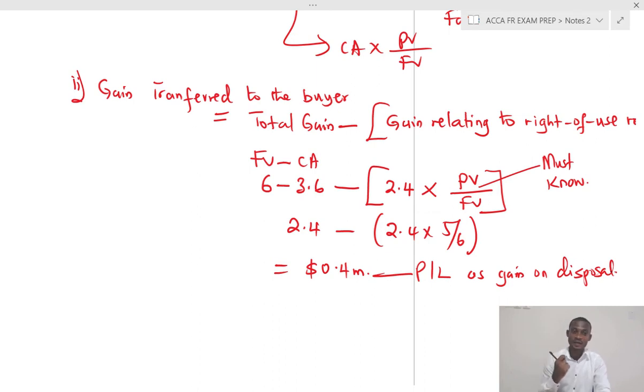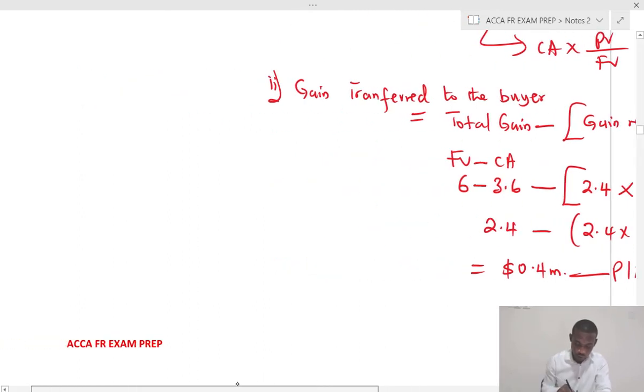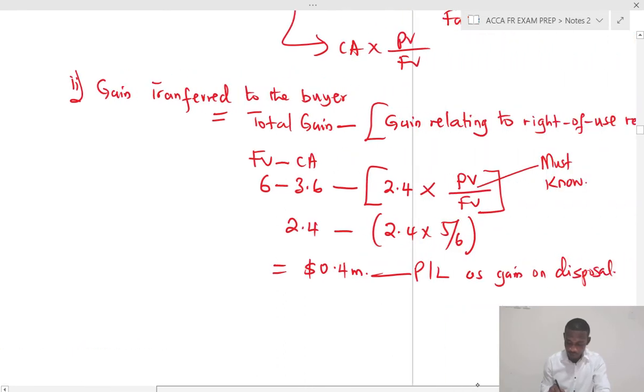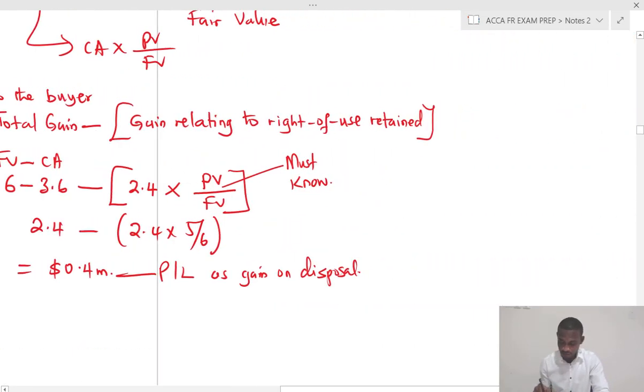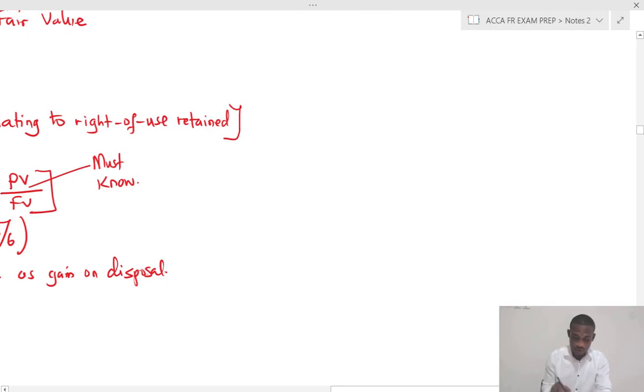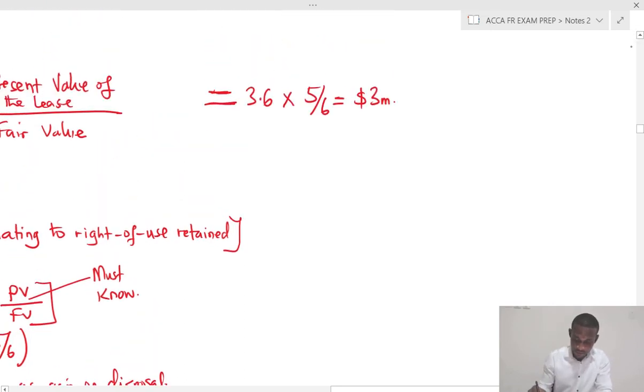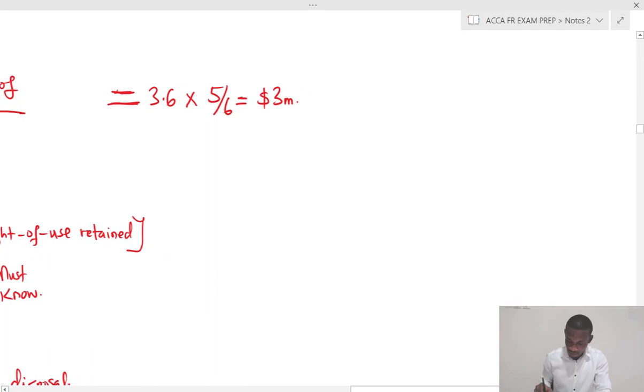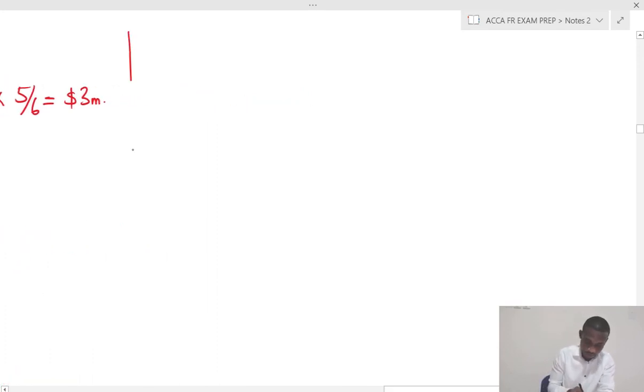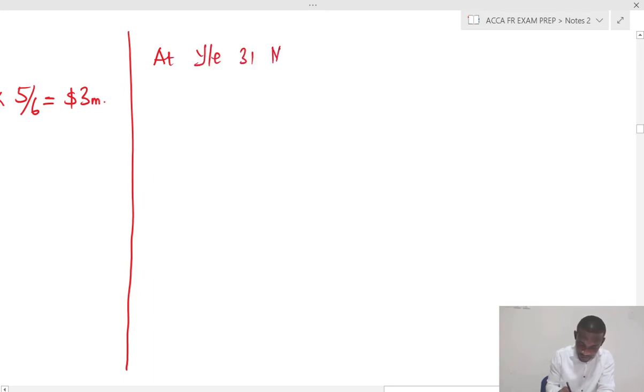So at year end, which is 31st May, I'll look at two things. Is the right of use retained?